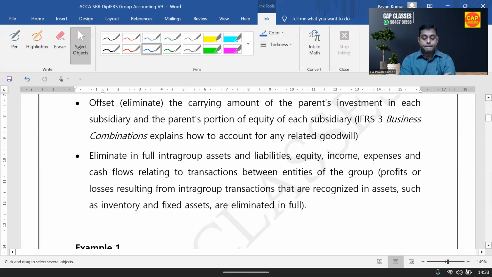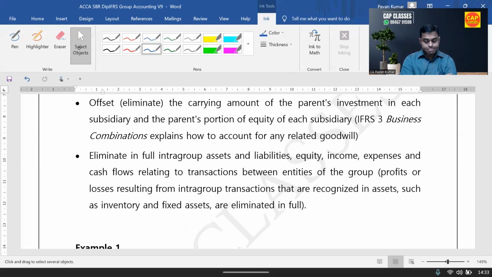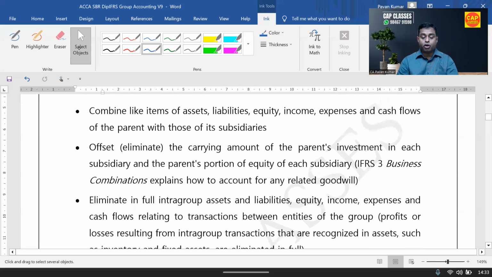Eliminate in full intra-group assets and liabilities, equity, income, expenses, and cash flows relating to transactions between entities of the group. That is, profits or losses resulting from intra-group transactions that are recognized in assets such as inventory and fixed assets are eliminated in full. Very good.